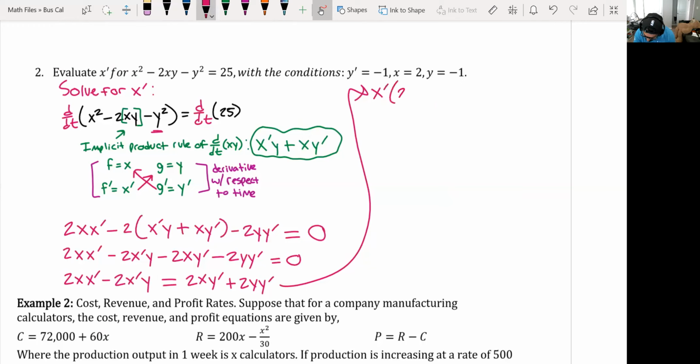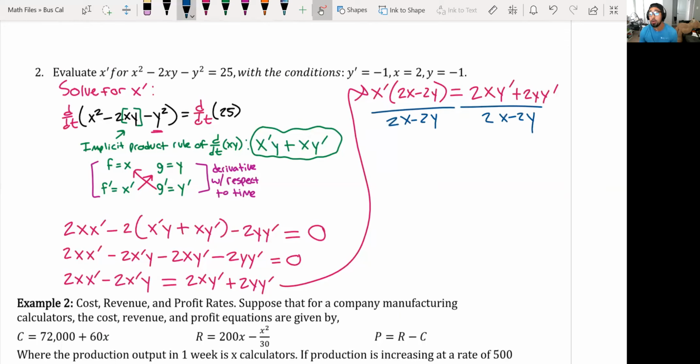x prime gives me 2x minus 2y equal to 2x y prime plus 2y y prime. And then all we have to do is divide by 2x minus 2y.